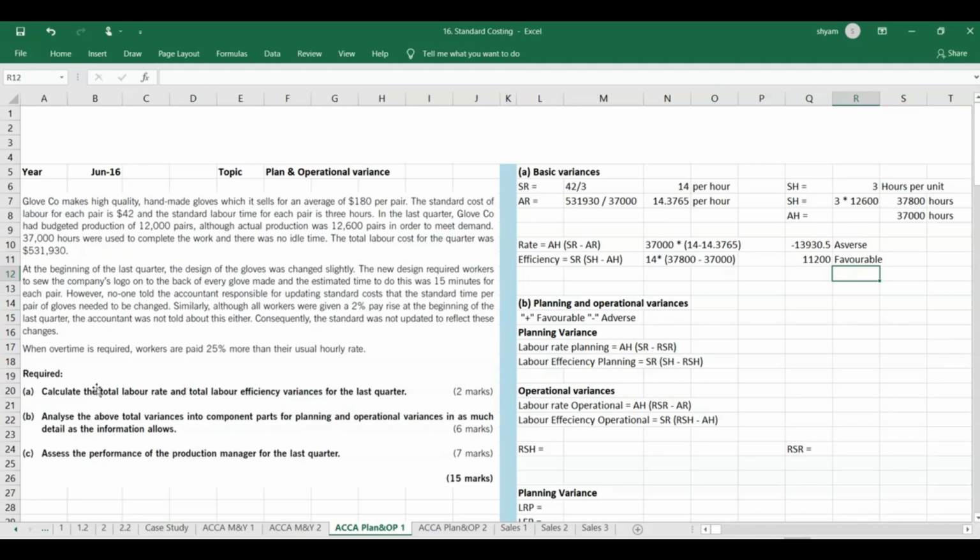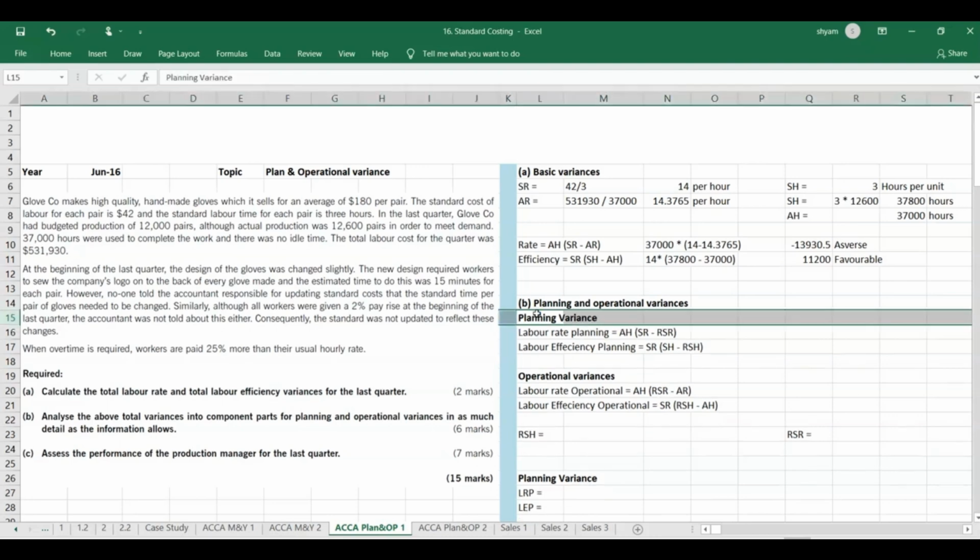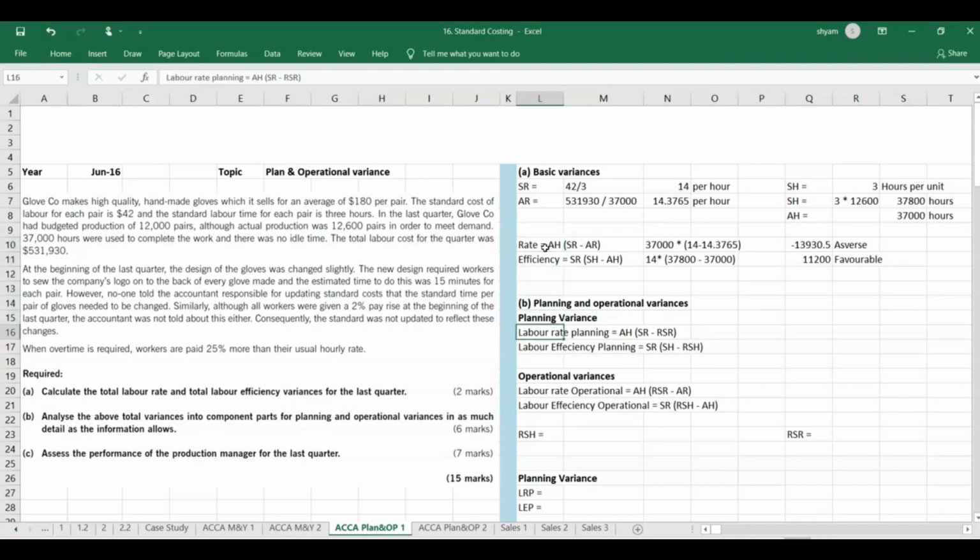So what he is asking next is analyze the above total variance into component parts for planning and operational variance. We have to now differentiate the labor rate variance into labor rate planning variance and operational variance. In these two manners we have to split it, and efficiency also should be split into efficiency planning and efficiency operational. So what is this planning and operational variance? Planning is the mistake that they have done in planning the rate.